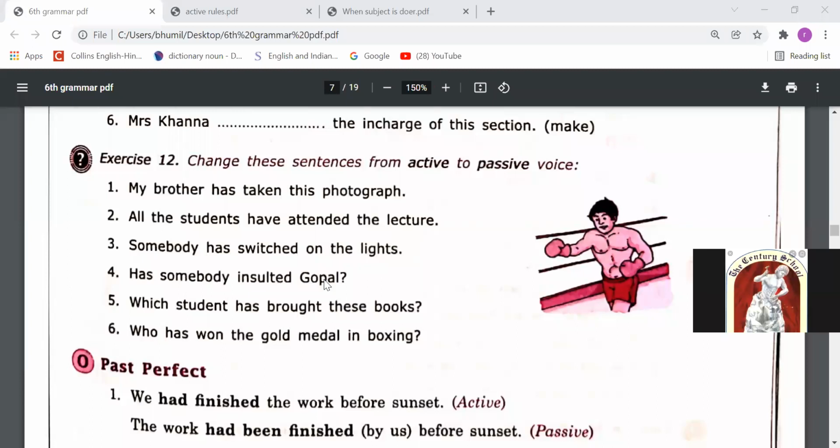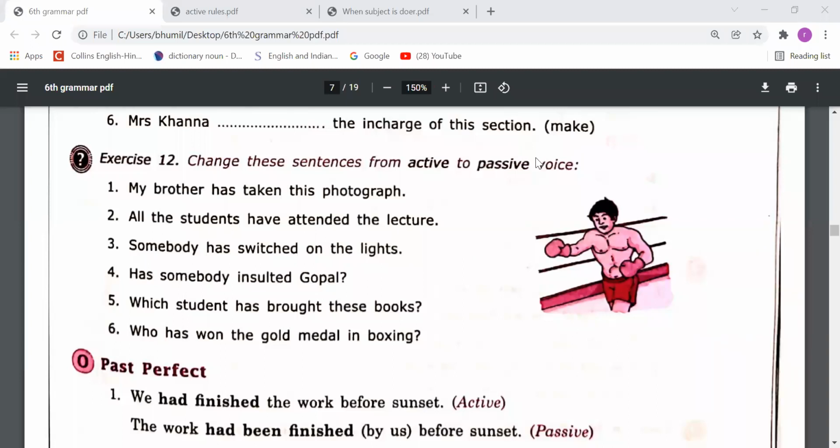So who will let me know about this sentence? Raise your hand, please. Let me see. Manishita, please tell me what can be the answer of our first sentence of exercise number 12. Manishita, can you let us know? Okay, let me see, some more students are there.